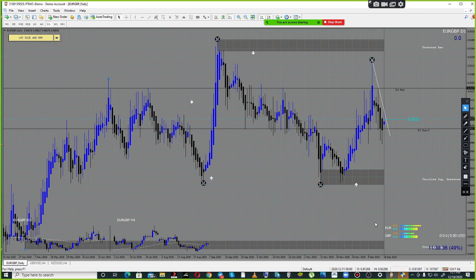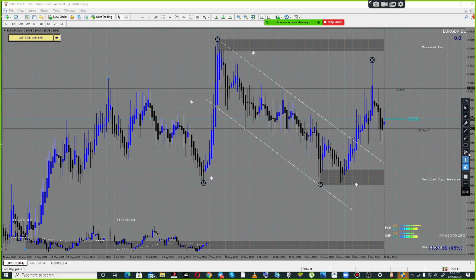So how I trade the market is, if I identify this on the daily and the market was moving like this, with no breakout there, I'm not going to focus on buys. I'm going to focus on sells, because it's a move like this on the daily.